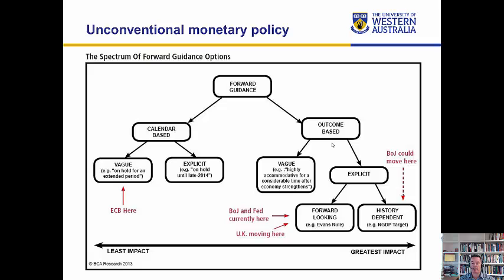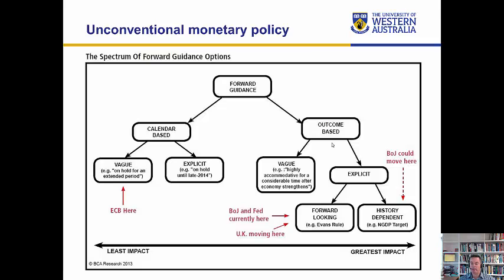Or the central bank could come out and say, we will keep interest rates low at these record low levels of, say, 1%, until the unemployment rate is substantially lower than the current level. That's quite a vague statement. You don't know what target unemployment rate the central bank is thinking about, compared to the explicit target.